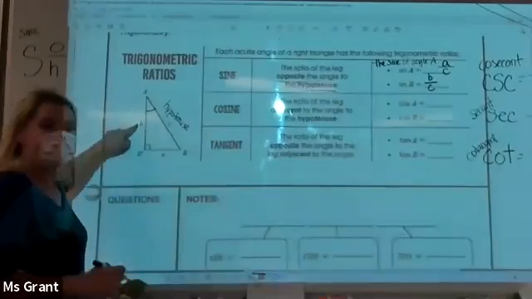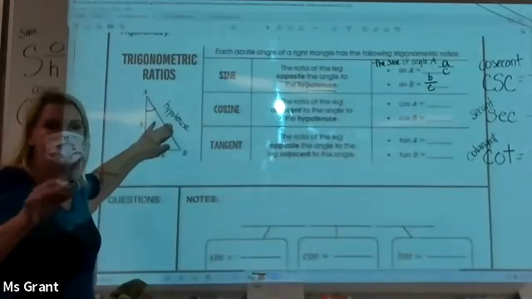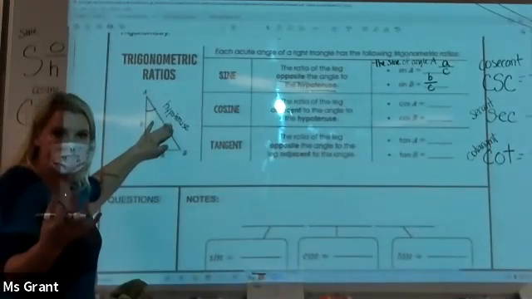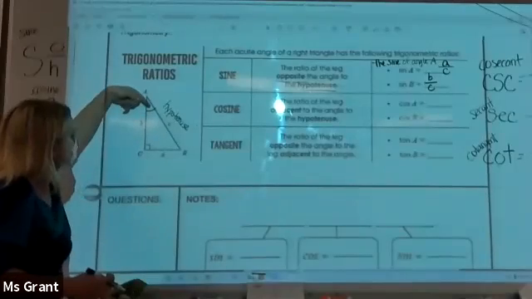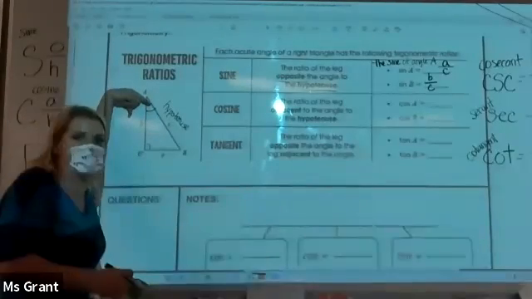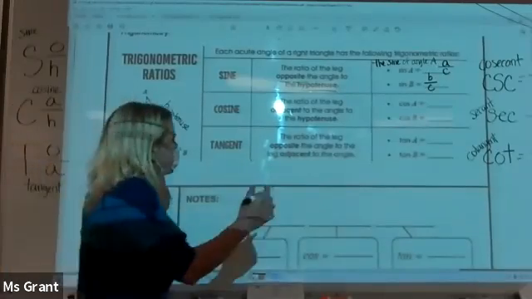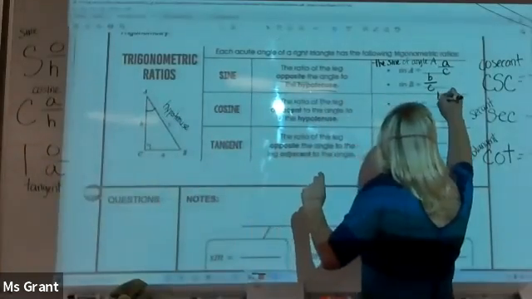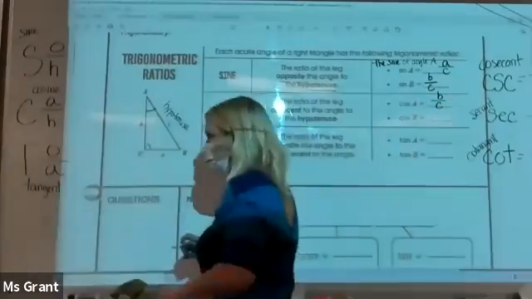Adjacent, right next to it. You don't say the hypotenuse is adjacent because the hypotenuse has its own classification. It's always the hypotenuse. So if I'm looking at angle A and I say, what's adjacent? It's going to be this side b right here. Adjacent over hypotenuse. My hypotenuse is c.